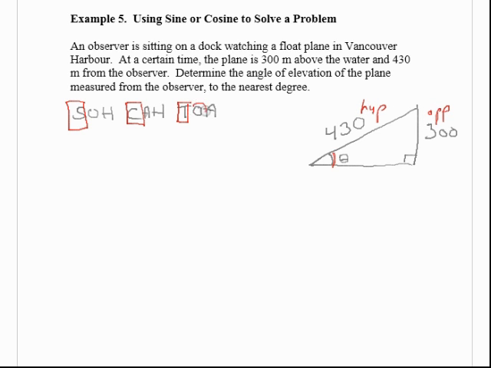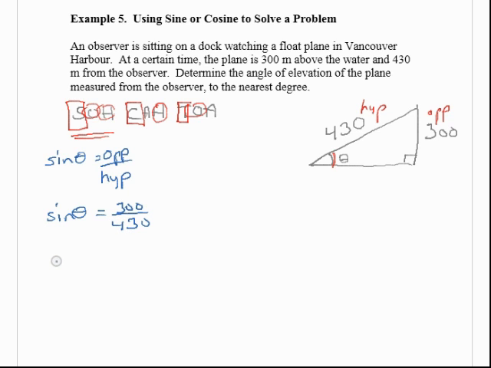So let's circle opposite and circle hypotenuse. That is the only one that's filled in, so we're going to use sine to solve this problem. We can write sine theta equals opposite over hypotenuse. Sine theta, we can just leave it as theta, equals 300 over 430.